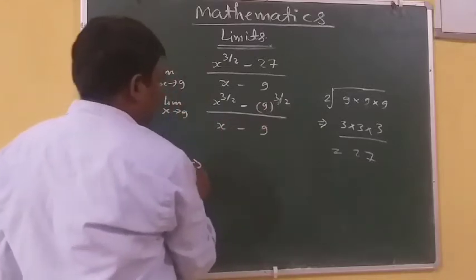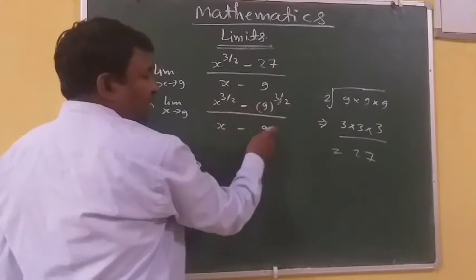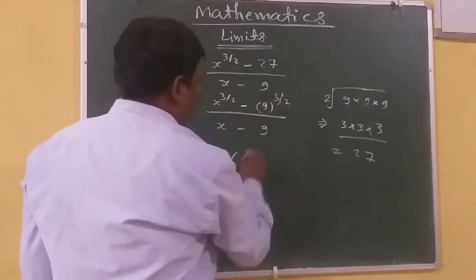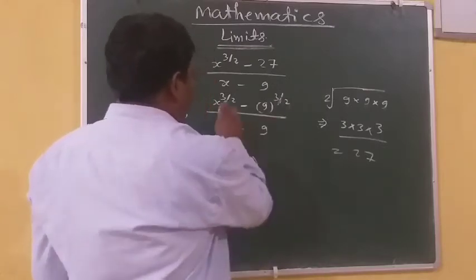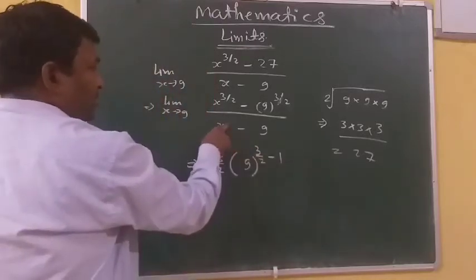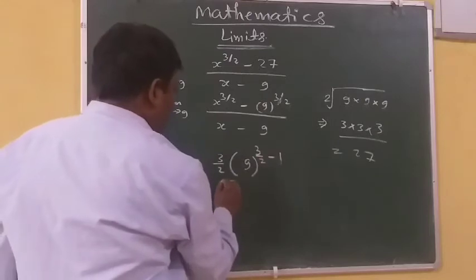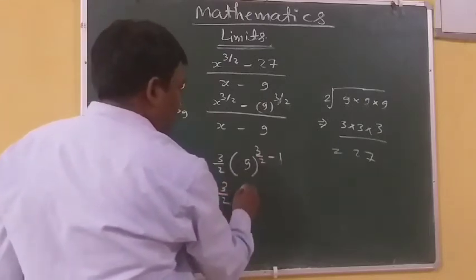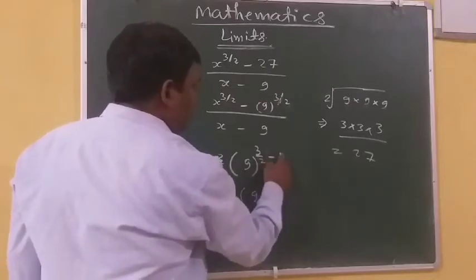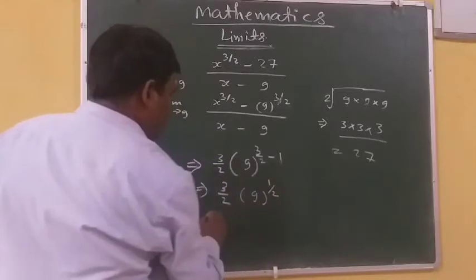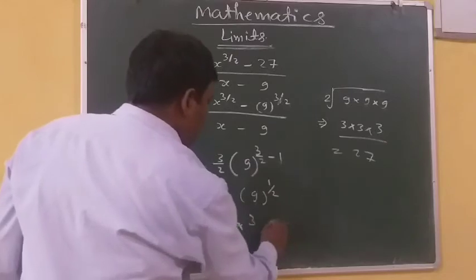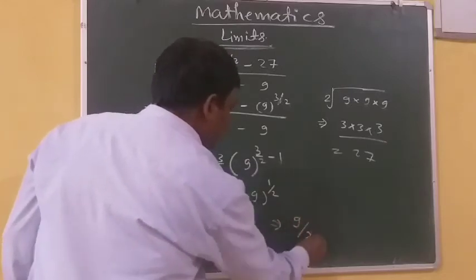So here, x power m minus a power m upon x minus a, with m equal to 3 by 2 and a equal to 9. The answer is m times a power m minus 1, so 3 by 2 into 9 power 3 by 2 minus 1, that is 9 power 1 by 2. It is 3 by 2 into its square root, which is 3, so the result will be 9 by 2.